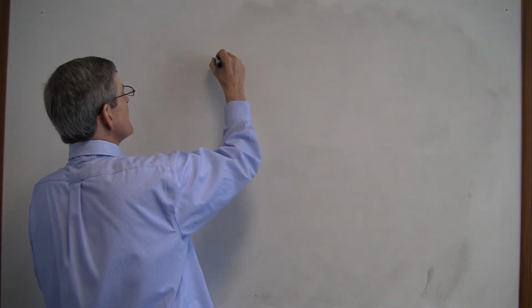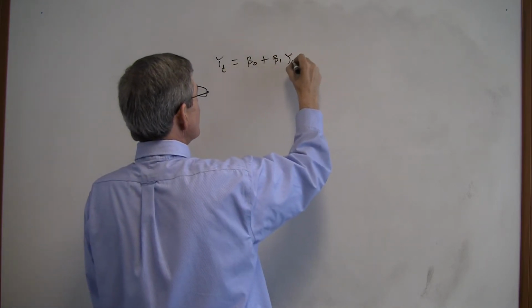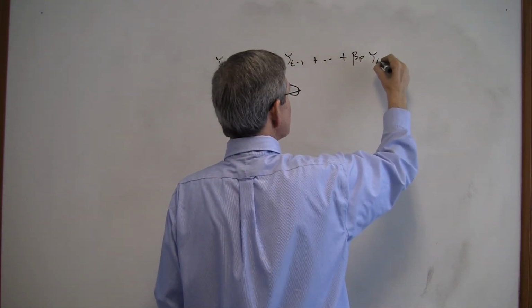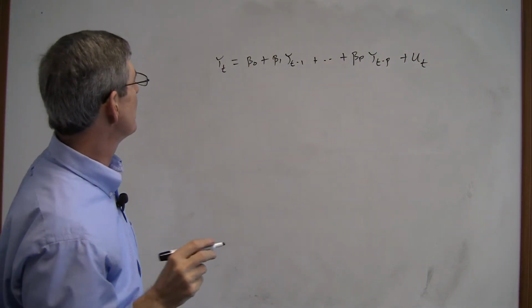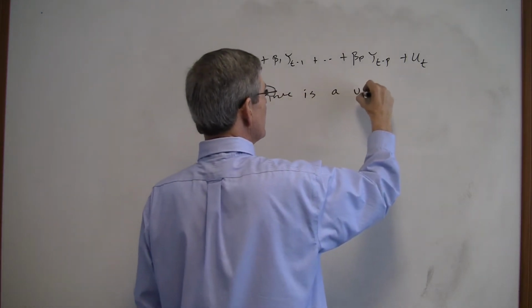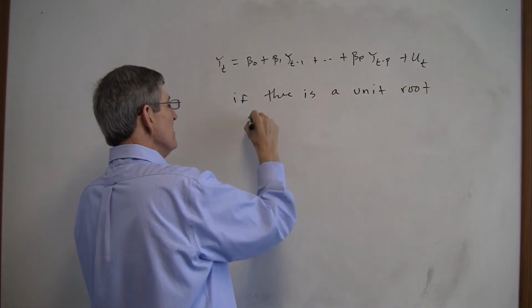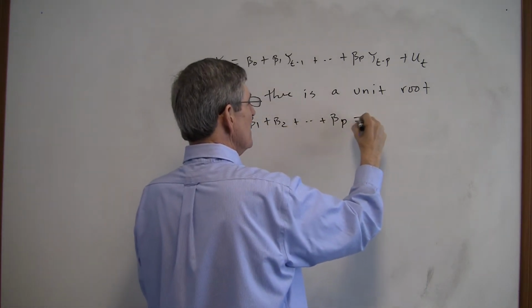And so the basic test, if you have yt equals beta 0 plus beta 1 yt minus 1 plus up to beta p yt minus p, I'm not going to do the math for this, but if there is a unit root, if it's non-stationary, beta 1 plus beta 2 plus up to beta p will equal 1.